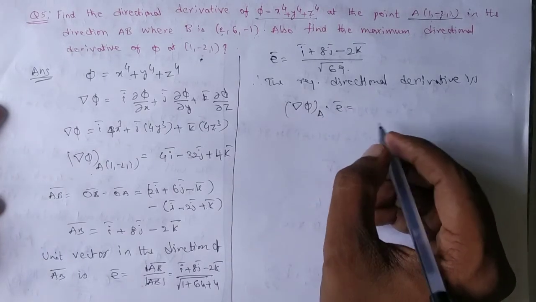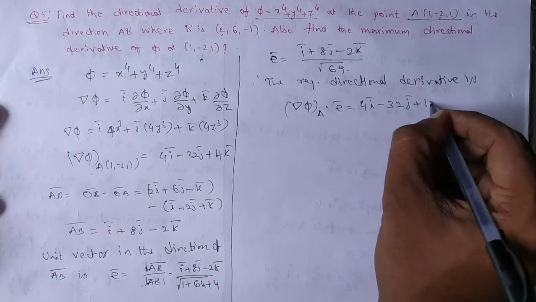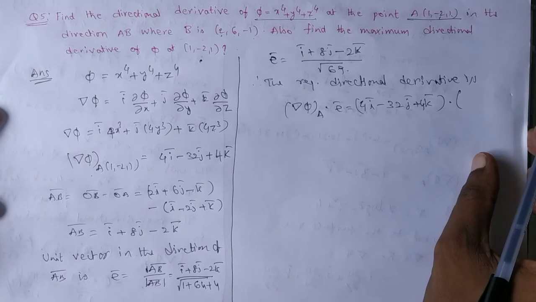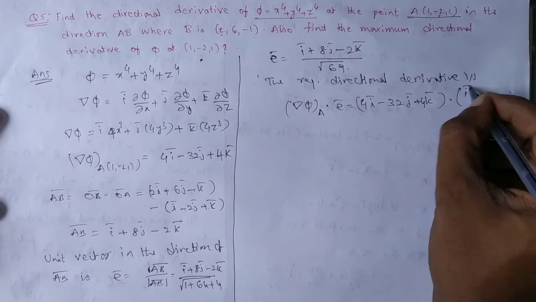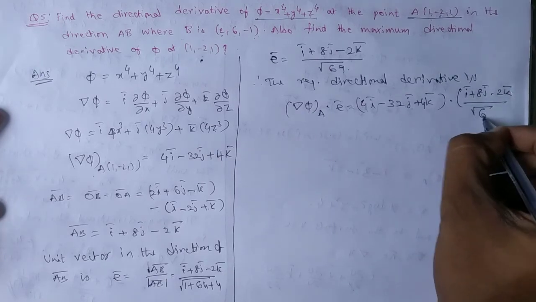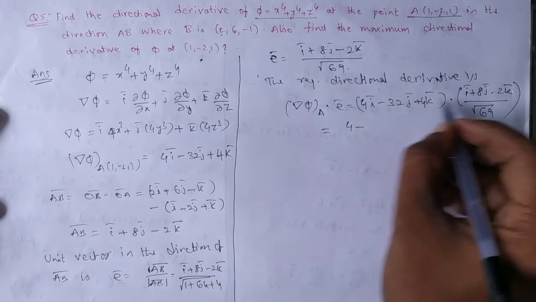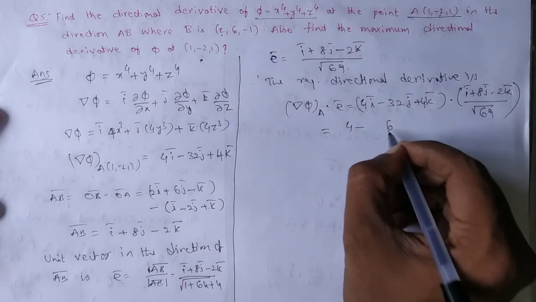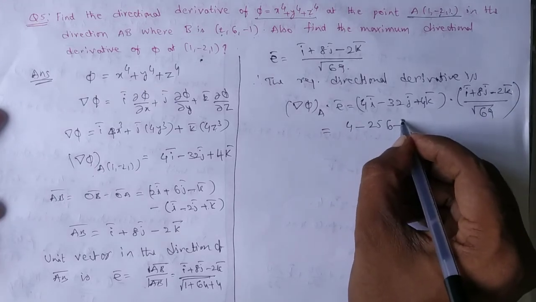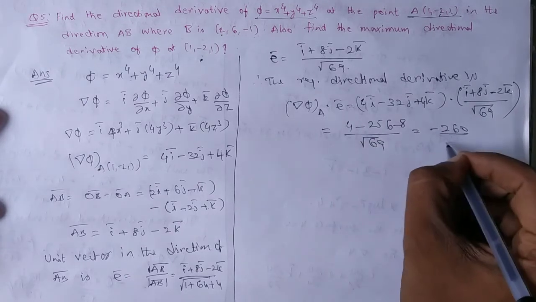Therefore we can have it is 4i bar minus 32j bar plus 4k bar dot e bar. e bar is here i bar plus 8j bar minus 2k bar by the square root of 69, whose simplification is 4 times 1, 32 times 8, 256, it is minus, so it is minus 260 by the square root of 69.